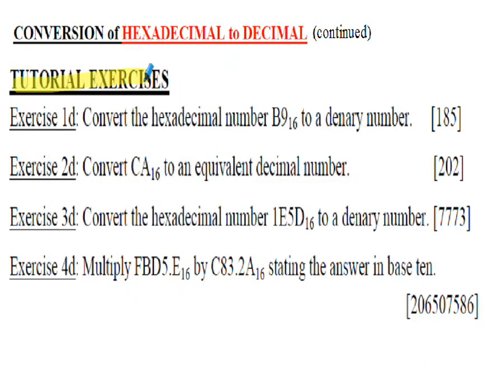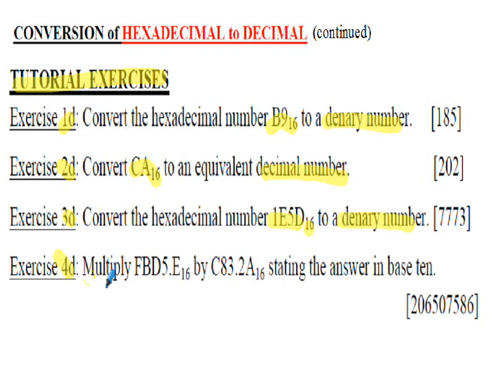Here are some tutorial exercises related to conversion of hexadecimal to decimal. In exercise 1D, you're asked to convert B9 in base 16 to base 10. Exercise 2D, convert CA in base 16 to the equivalent decimal, base 10. Exercise 3D, convert the hexadecimal number 1E5D, base 16, to base 10.